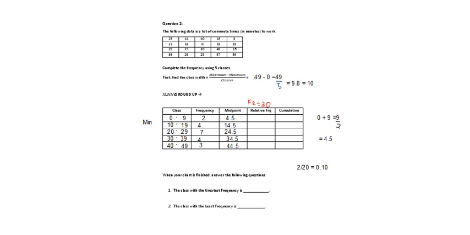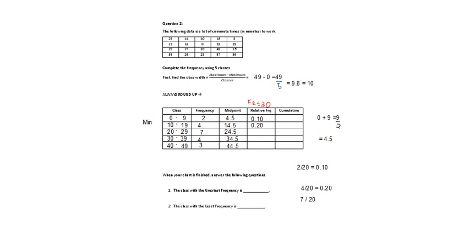And I will write that as an answer. Next, I would like to do 4 divided by 20. And that's equal to 0.20. Next, I would like to do 7 divided by 20.